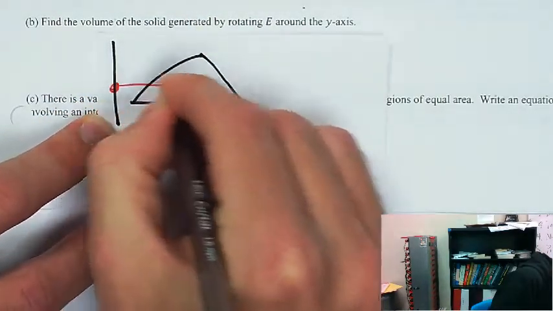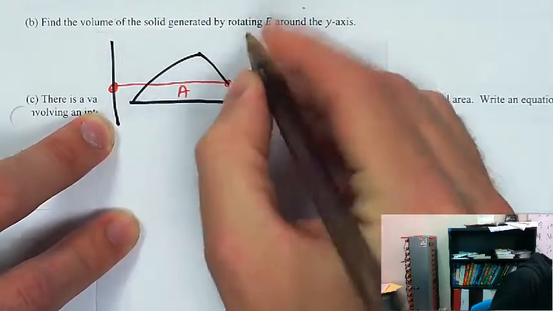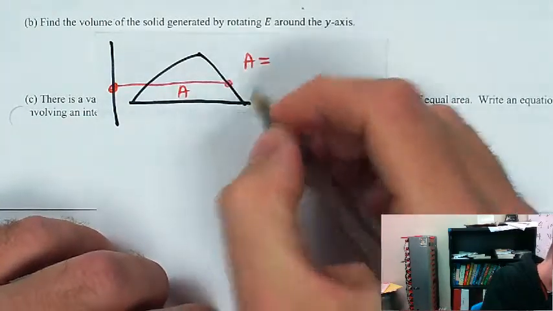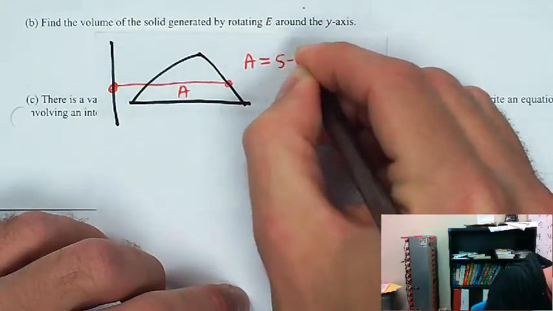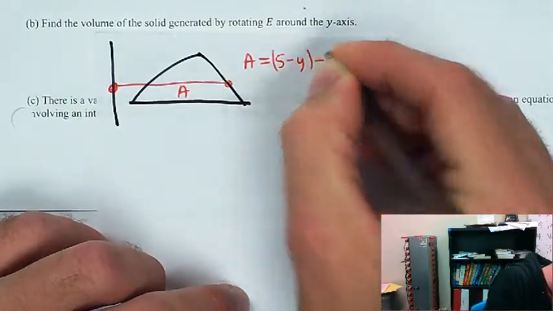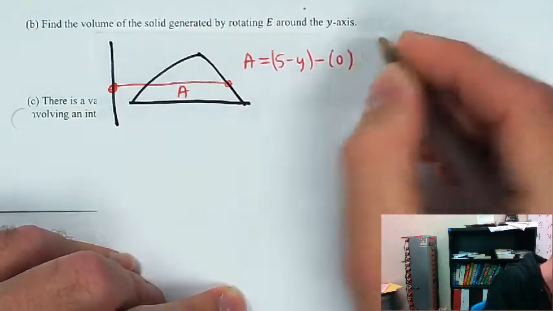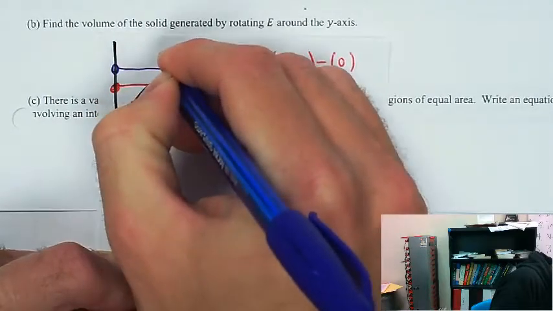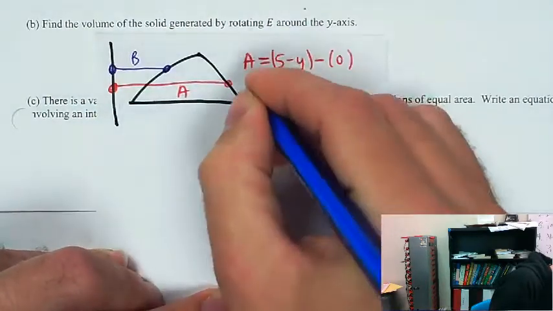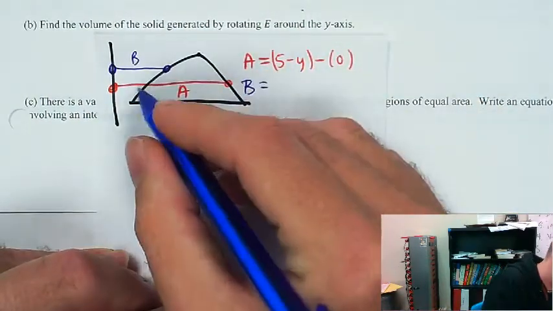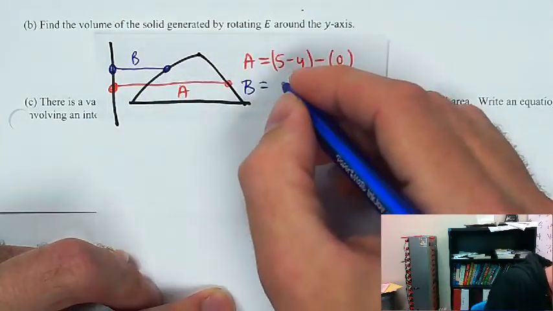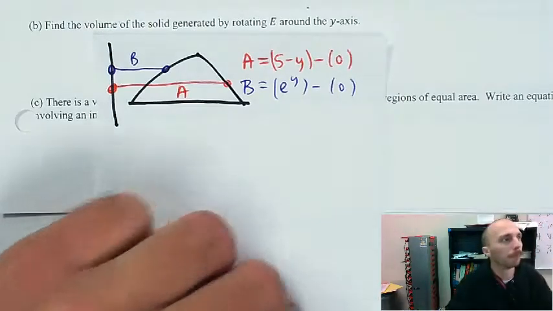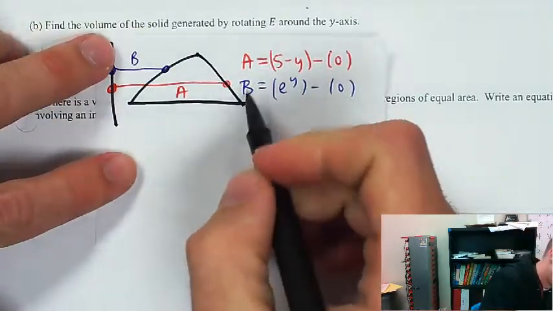My large radius is going to equal, on the right I've got x equals 5 minus y, and on the left I have x equals 0. And I'll get my small radius with, also with right minus left, x equals e to the y minus the y-axis, that's x equals 0. Okay, got my a and b.